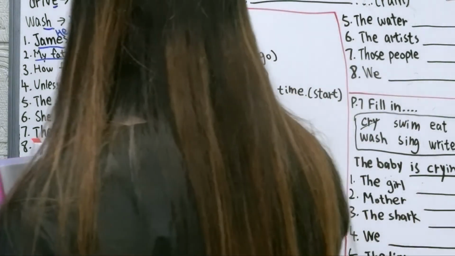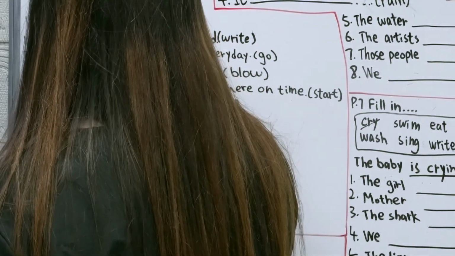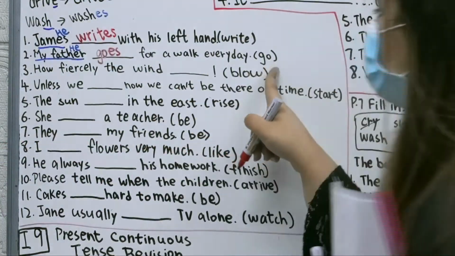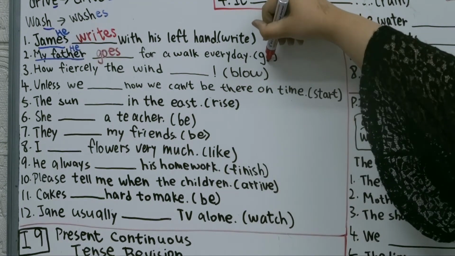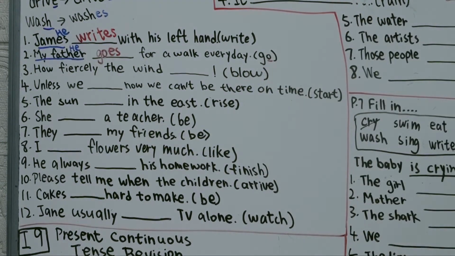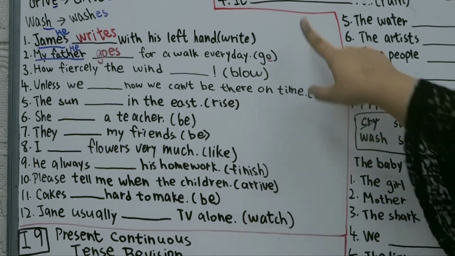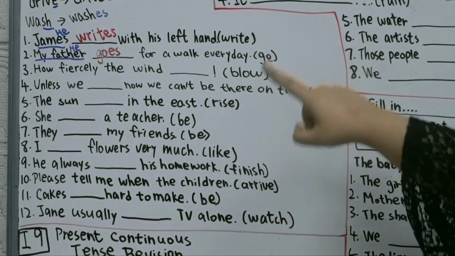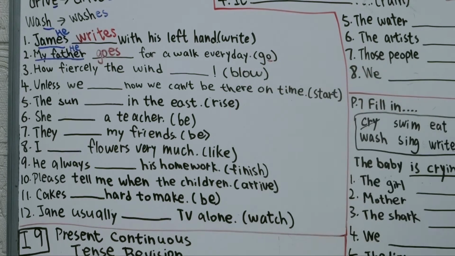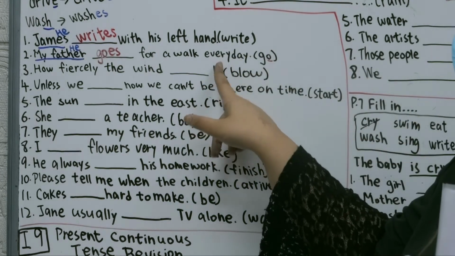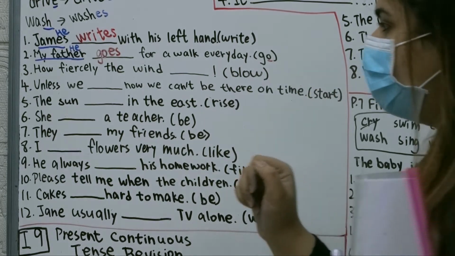The reason we add ES here is because go ends with O. Goes for a walk every day. One is talking about something that is true, and this one is talking about something he does every day. That's why we use present tense.